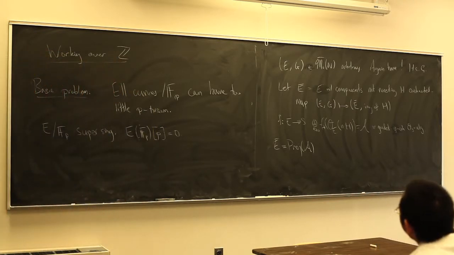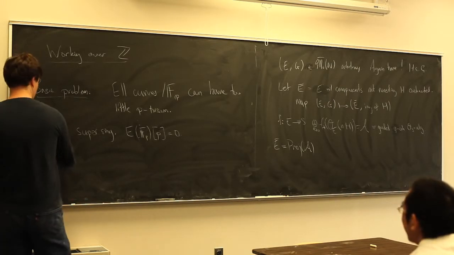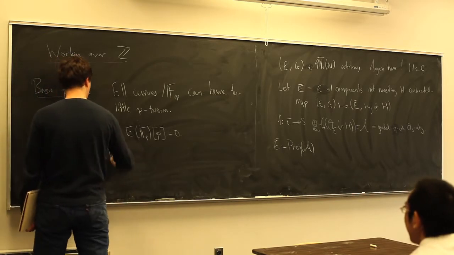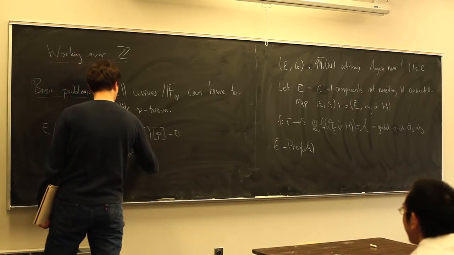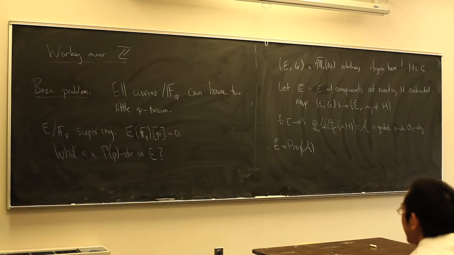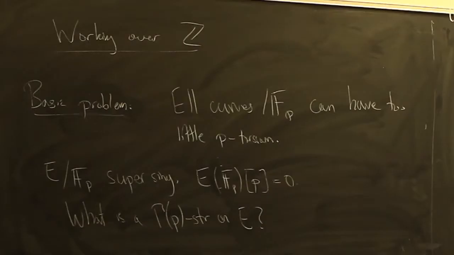There's no p-torsion at the level of points. And so what would a Gamma_1(p) structure on E be? Normally it's two points that give a basis of the p-torsion. But it has no p-torsion, so there's nothing that you can do. If you use the normal definition, it just doesn't work.